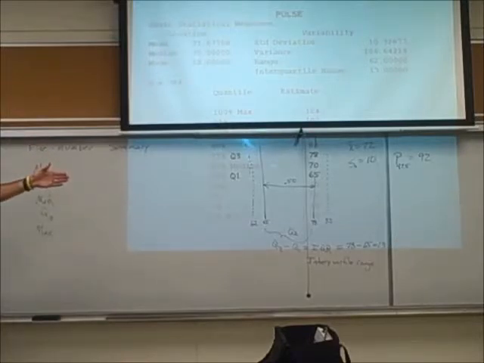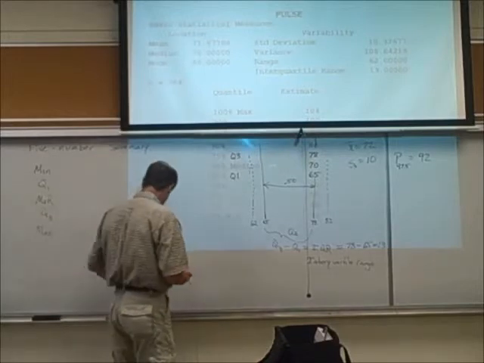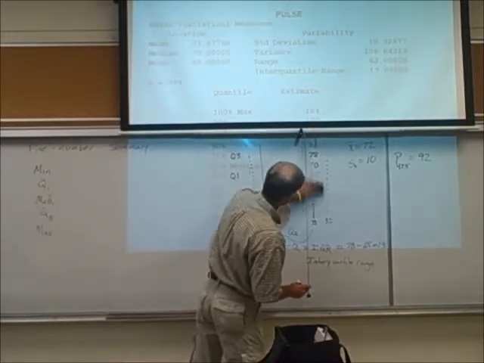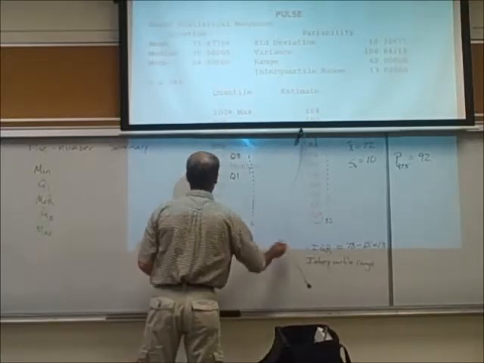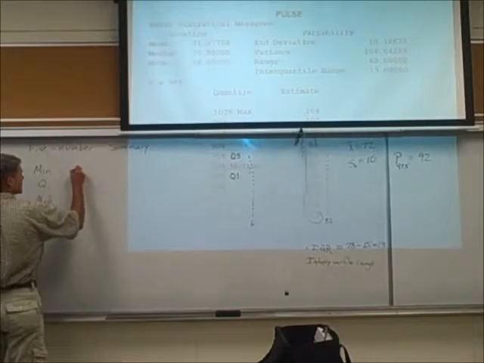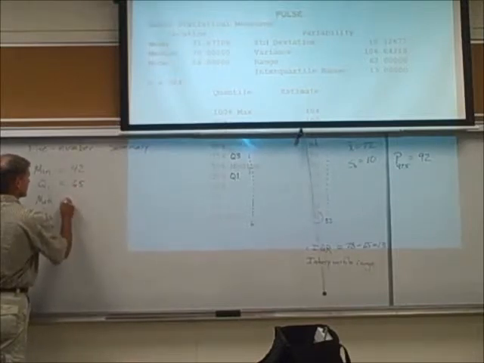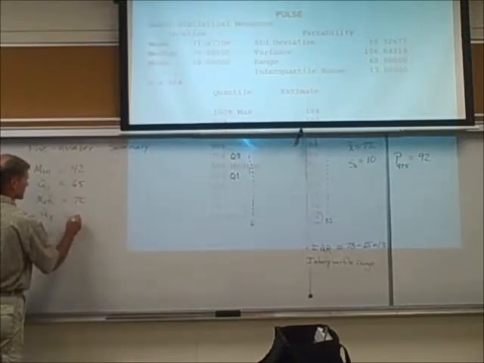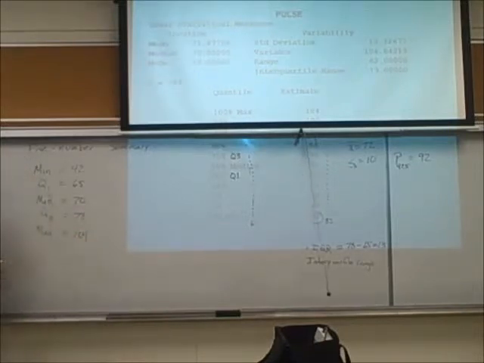Okay, so I can read them right off of that for pulse, so I'm going to bring them over here so that I can change that screen and still have them. The minimum value is down here at the bottom, and that is 42 right there. So the minimum pulse was 42. Q1 was 65, the median was 70, Q3 was 78, and the max was 104. Those 5 numbers give you a pretty good idea of the distribution.